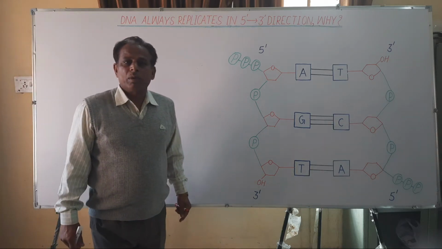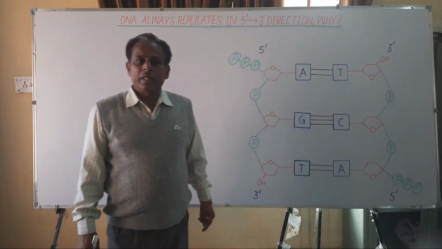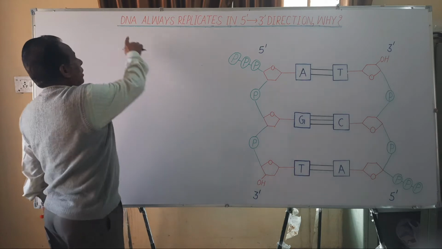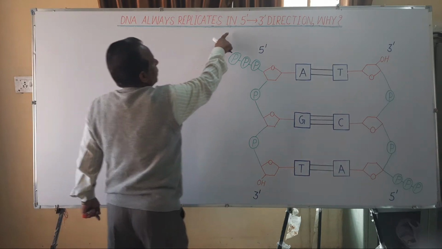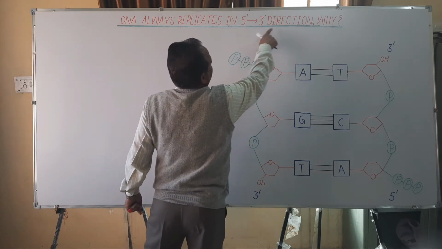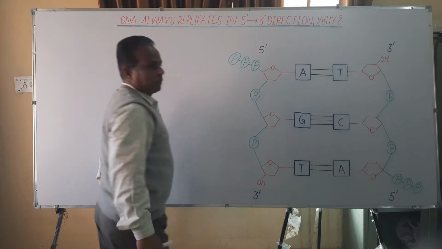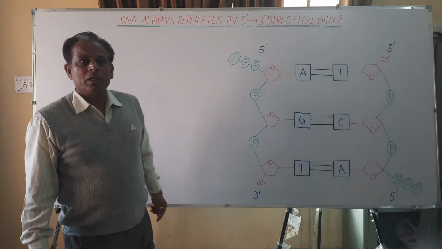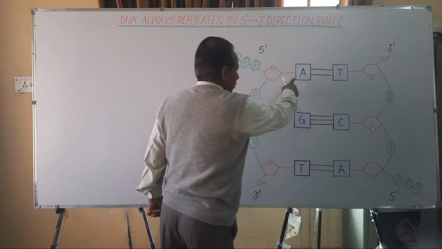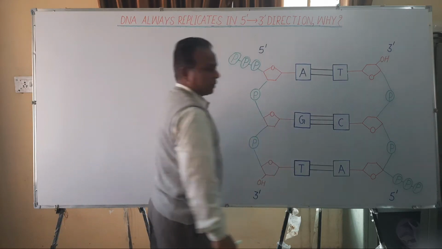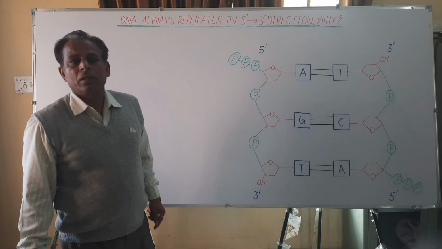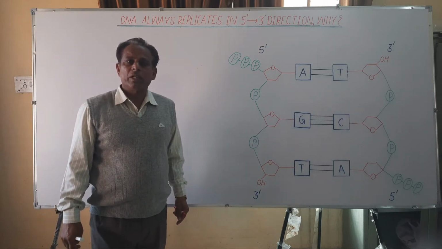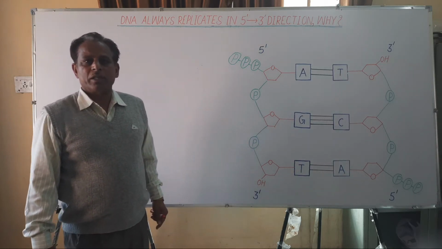We discuss a problem related with DNA replication. DNA always replicates in 5' to 3' direction. Why? We know DNA is a storage of genetic information in the form of nucleotide sequence. This information transmits faithfully from parent to progeny, generation after generation.